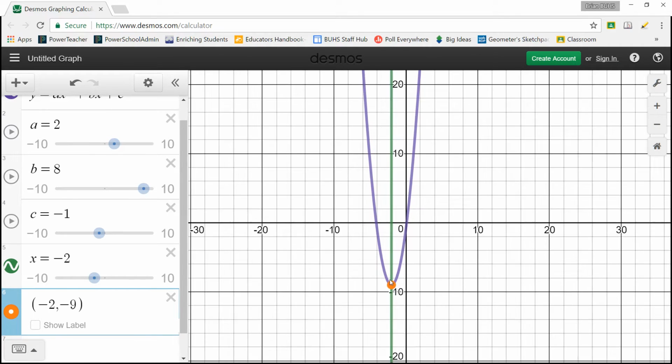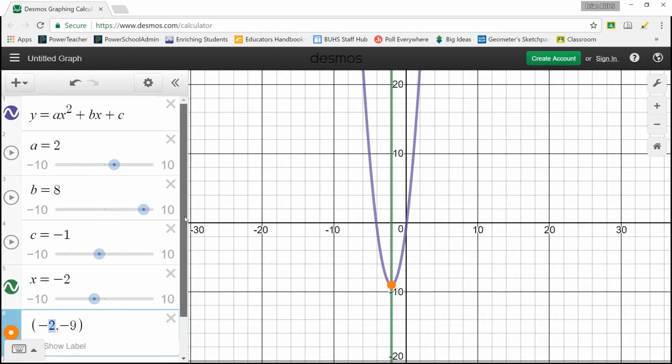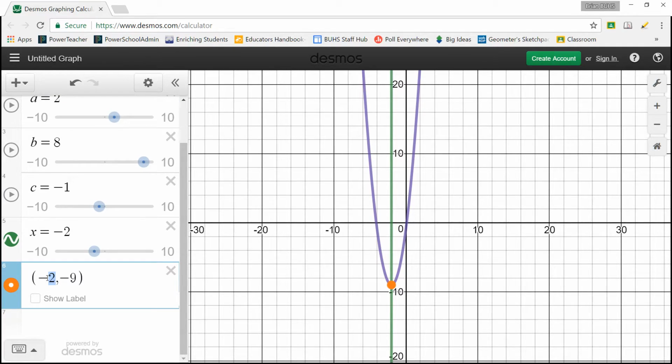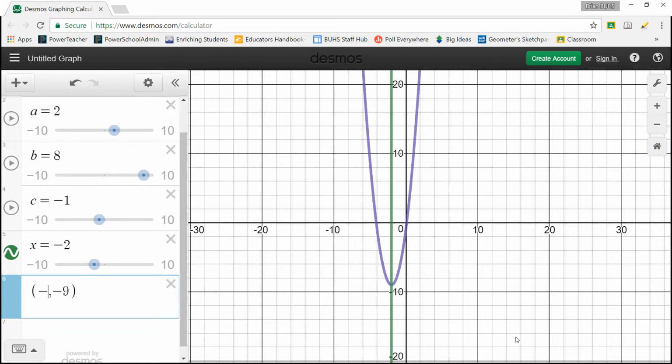All right, and so we are actually expecting that our vertex... Oh, they wouldn't let me get away with that, would they? I wonder, can I change this to f of x? I can. Ooh, check this out. Watch this. What if instead of -2, what if I wrote negative b over 2a?